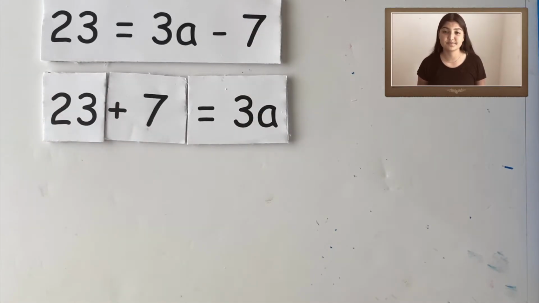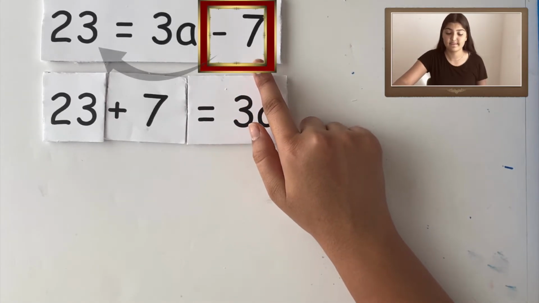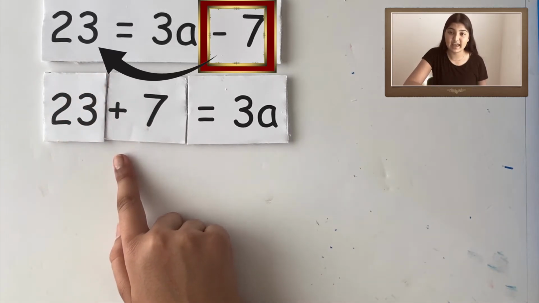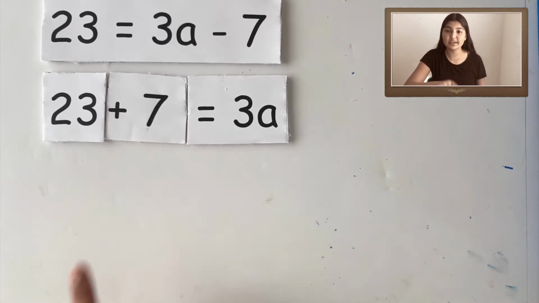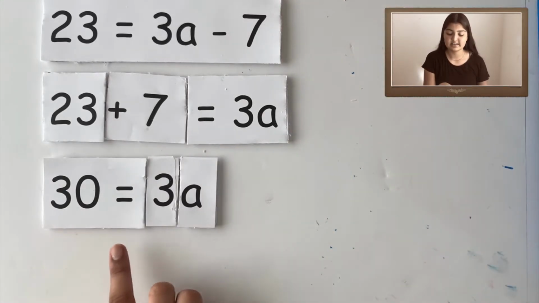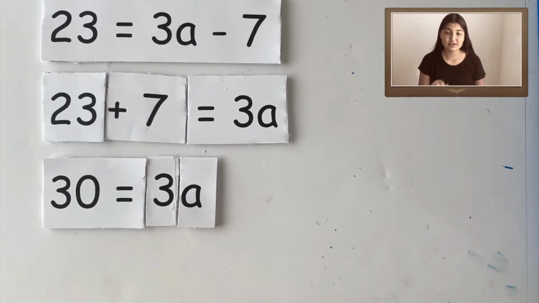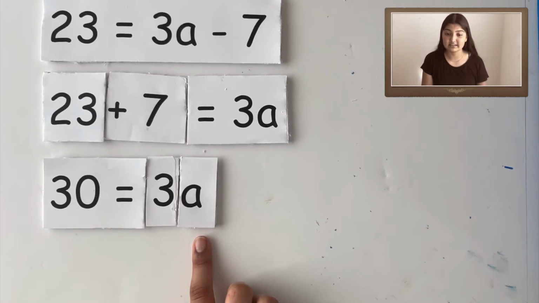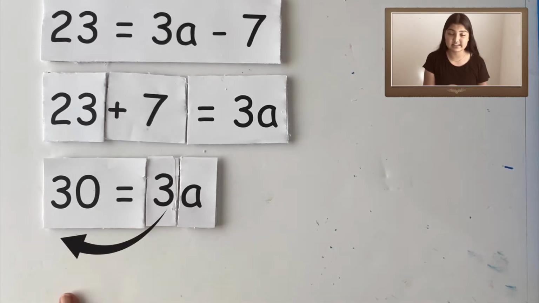As you can see, when we moved negative 7 to the other side of the equal sign, it became positive 7. So we can rewrite this as 30 is equal to 3a. In order to get a alone on this side of the equal sign, let's take 3 to the other side.